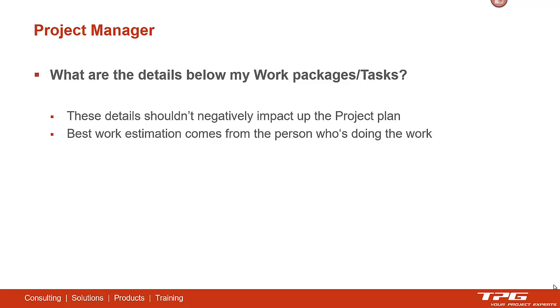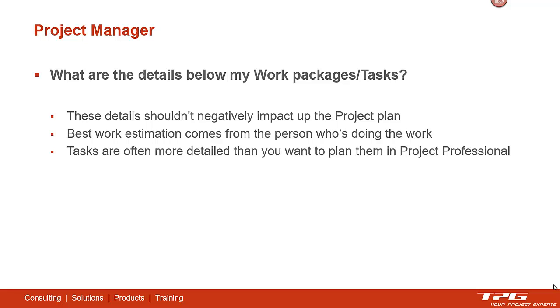What we know about work estimation is that the best work estimation comes from the person who is doing really the work, which are basically the team members and not the project managers very often. Tasks are often more detailed than you want to plan them in Project Professional.